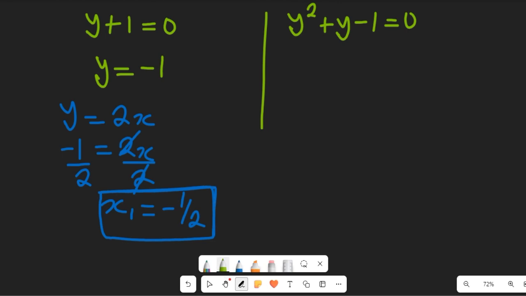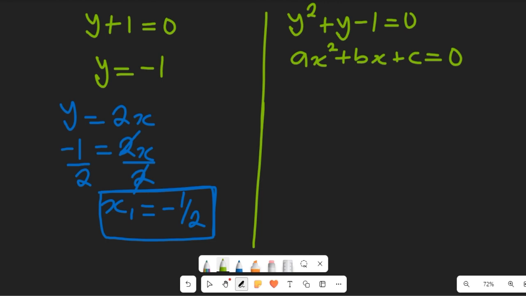Now let's simply take that off and then look for the other two values for x. To solve for the other two values of x, we are simply going to simplify this quadratic expression. Now, this quadratic expression looks like ax squared plus bx plus c, and that will be equal to 0.